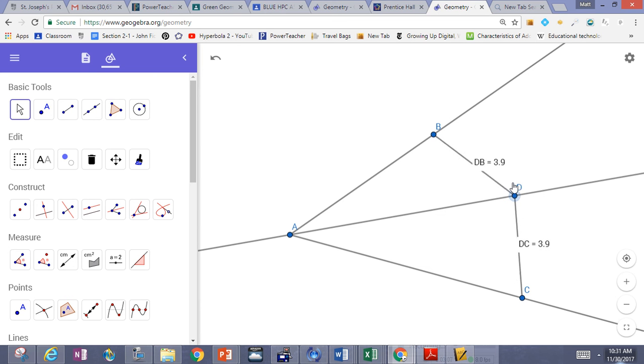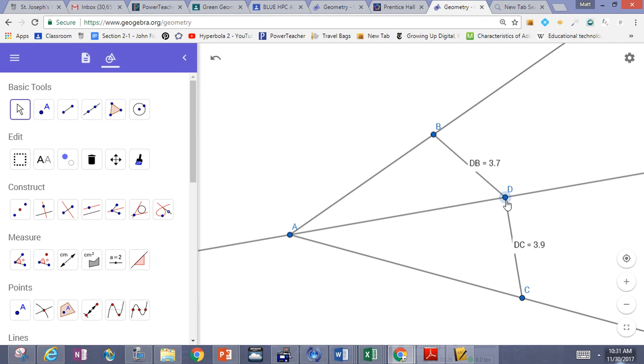You can see we're getting right there, about equal, but it's only at an exclusive point in time when that is the case. So when is that the case? It's only when the angle formed up there is a right angle.